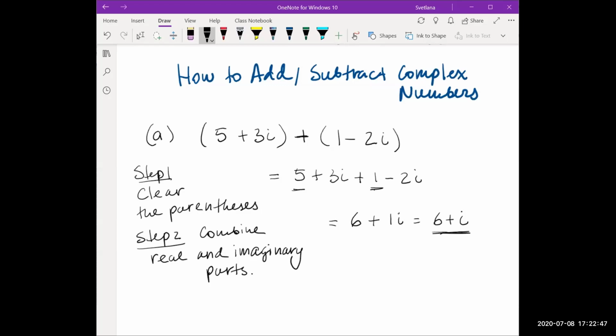That's the official step: combine real parts and imaginary parts. However, the shortcut is to think in terms of combining like terms. That's pretty much the same idea.